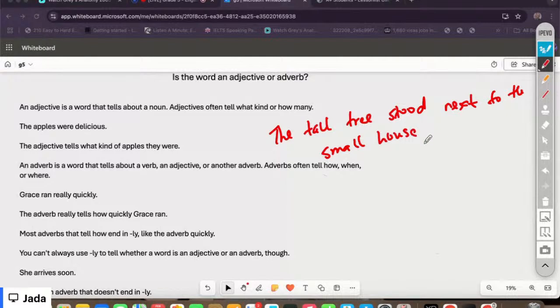All right. So, the tall tree stood next to the small house. And what is the adjective here? Tall. So for you guys, you can share with me some of your sentences for adjectives.